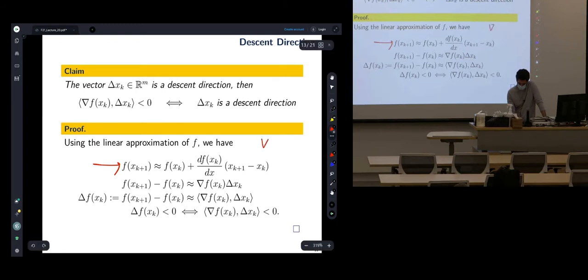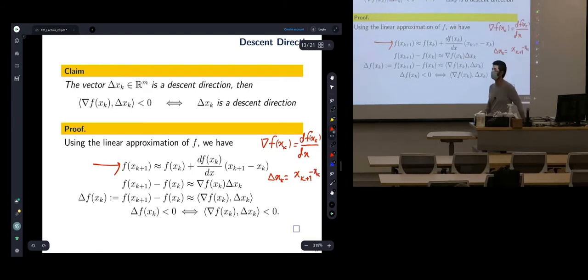I am just defining your gradient, and delta x is what we defined last time to be a delta movement from xk.